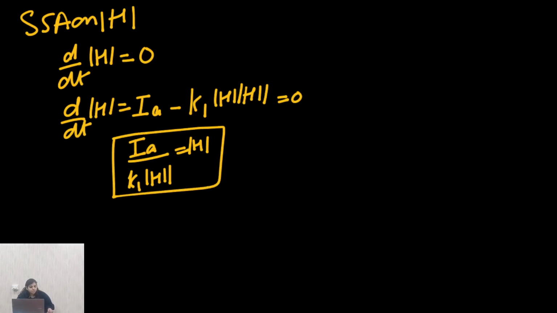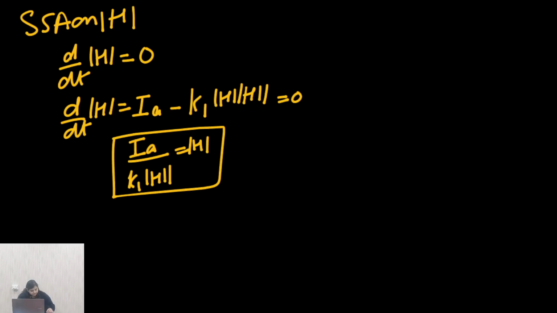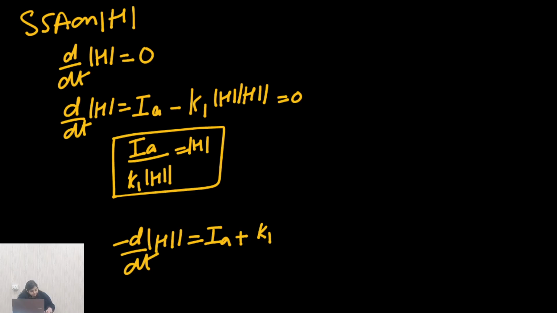Now this H value that we have got, just substitute in the expression which represents the rate of removal of HI. So minus d by dt of HI becomes equal to IA plus K1 times HI into H, which is equal to IA upon K1 into HI.